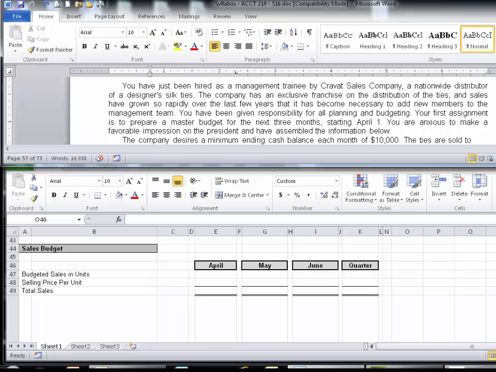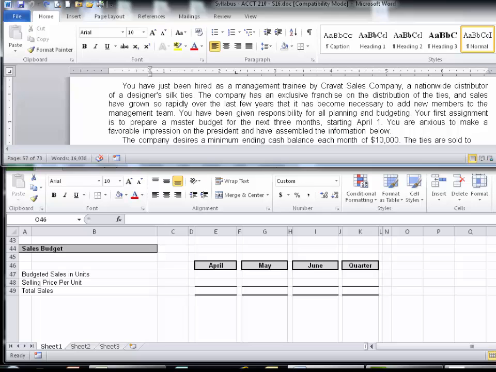You have been given the responsibility of planning and budgeting. Your first assignment is to prepare a master budget for the next 3 months, starting on April 1st. You are anxious to make a favorable impression on the president and have assembled the information below.